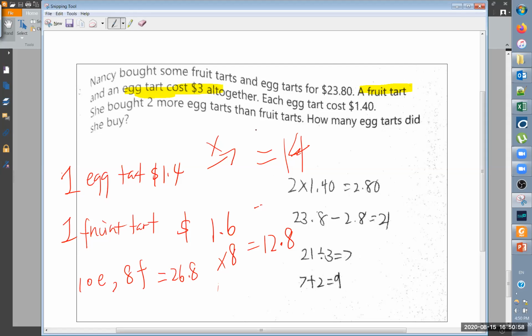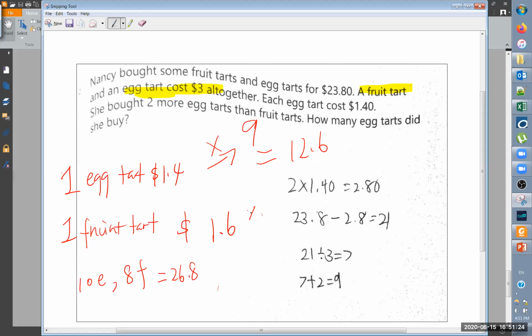If I go for 9 eggs, how much do I pay? $12.60. Wow, so fast, you calculated 1.4 times 9 already? So $12.60. Since you bought 9 egg tarts, you have 7 fruit tarts. Very good.